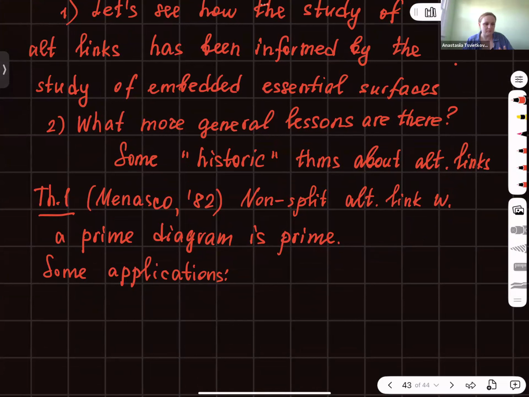And you could use this to see which alternating links are hyperbolic.